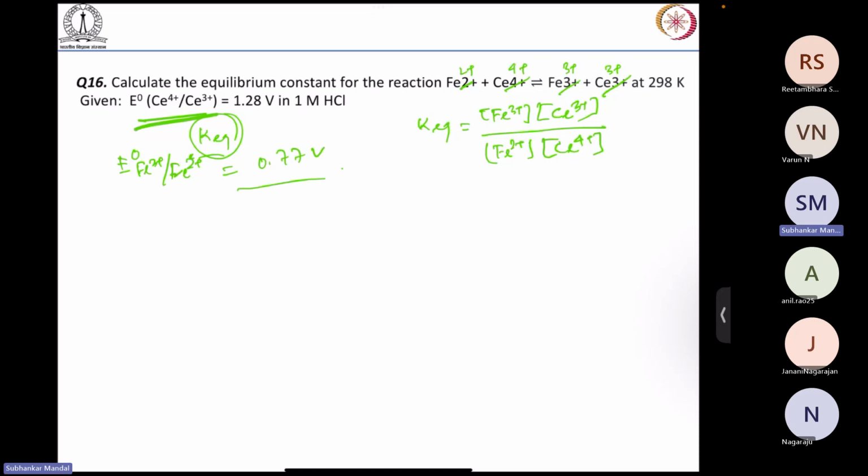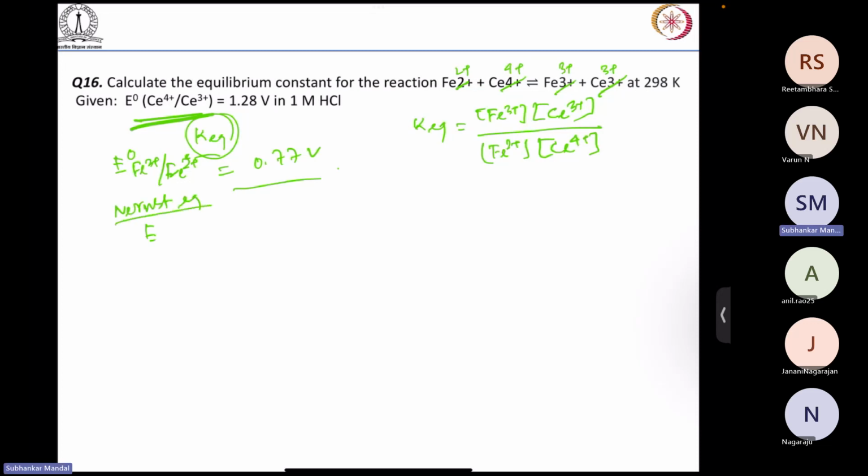Now if we write the Nernst equation for each cell, E is equal to E standard of cerium 4+/cerium 3+ plus 0.059 by n log of cerium oxidized form by reduced form.